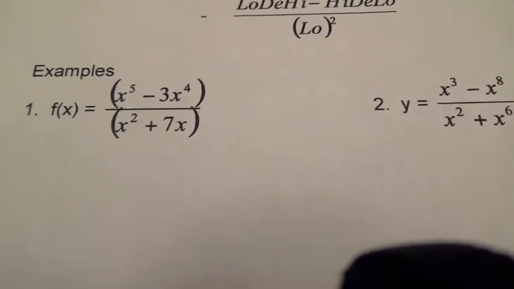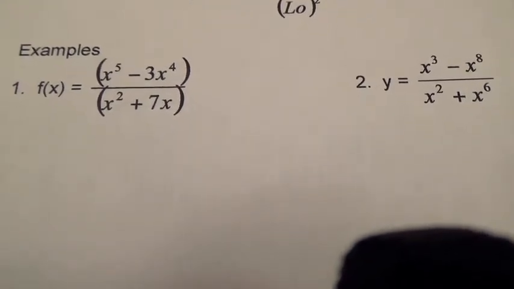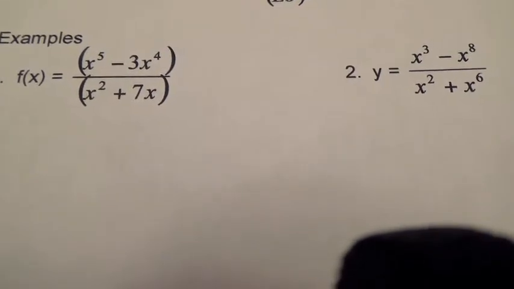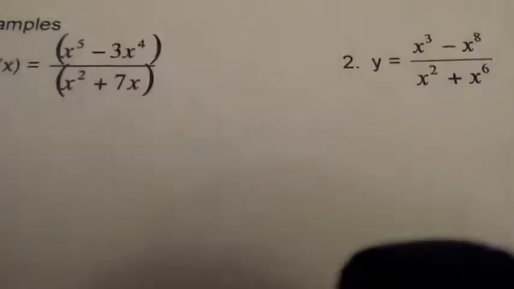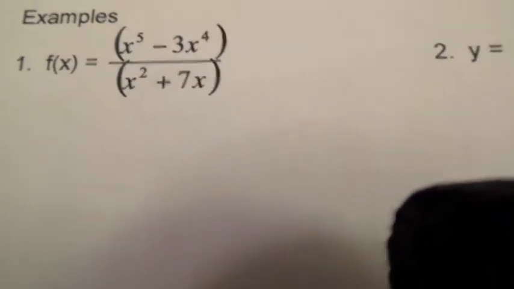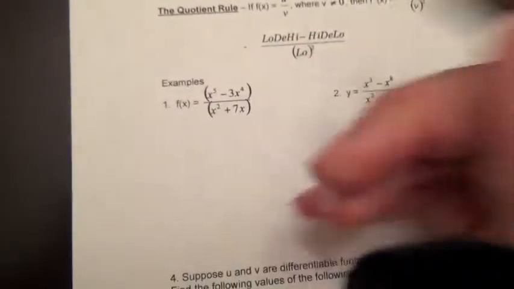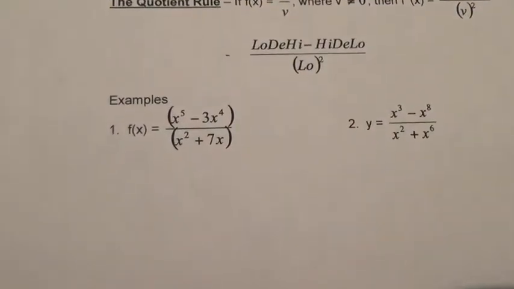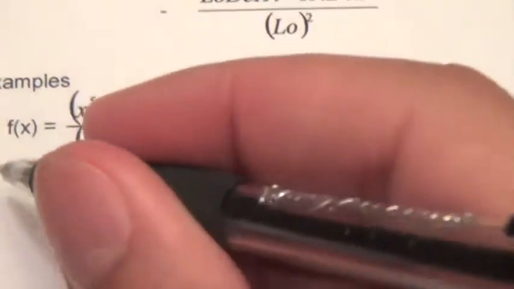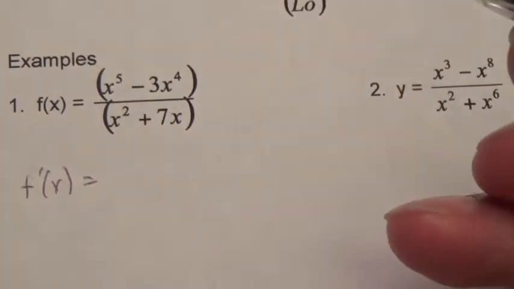Okay, so let's do 1 or 2. We'll do 1. Your denominator, numerator. Again, the u v stuff can be a little tricky with these. It's not necessarily always the u on top, v on the bottom. What we really want to know is just get down the pattern that we're supposed to be following. So what that pattern is, let me come up here, see if I can zoom in so my hand will fit. We're going to take the derivative, so we'll write it as f prime.